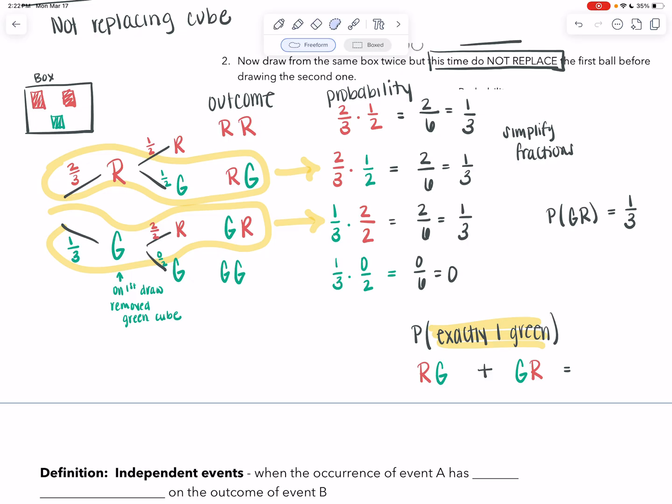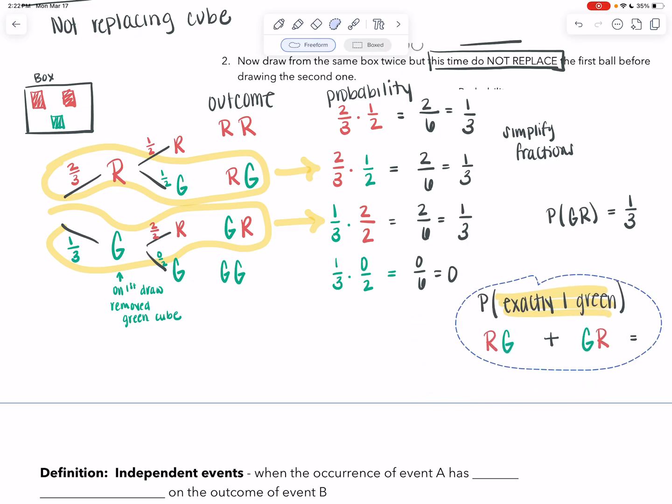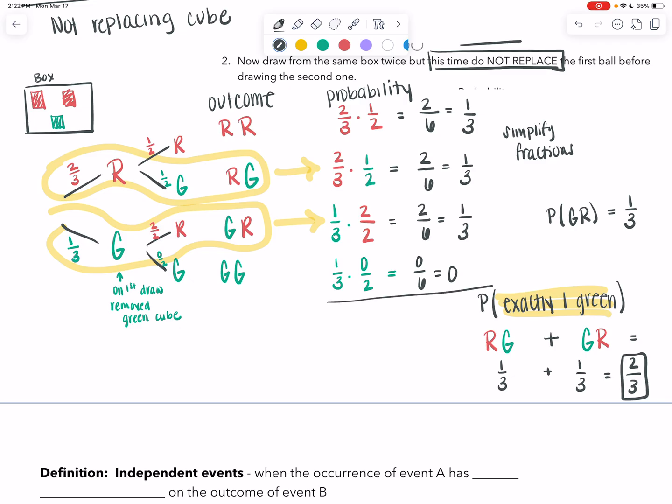Let me write this underneath so it's a little bit clearer. 1/3 plus 1/3. Now with these, when I'm adding fractions, I keep the common denominator, add up the numerators, and that's going to give me the probability overall of exactly one green.